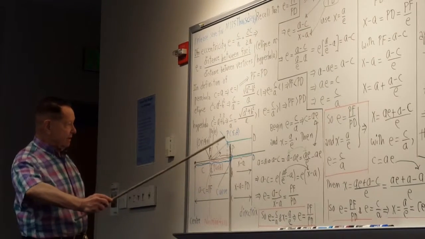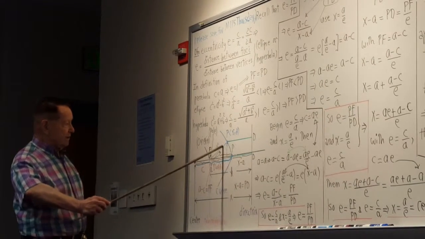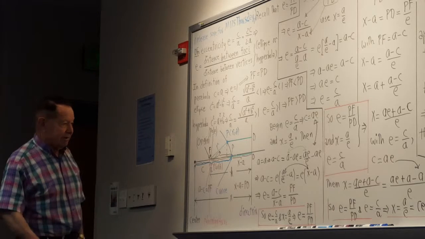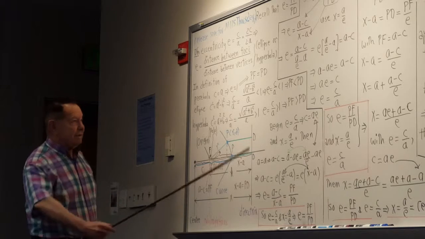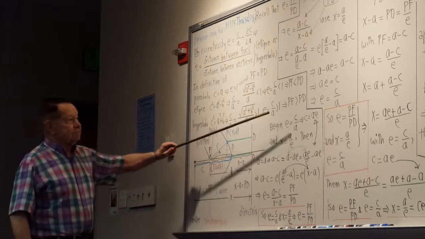This distance, the two in green, is the ratio of the two distances in green. In other words, e is PF over PD.